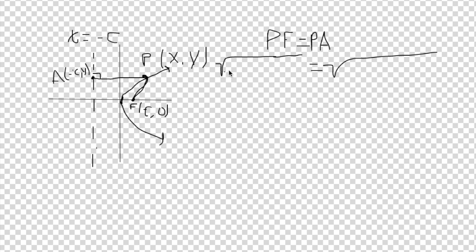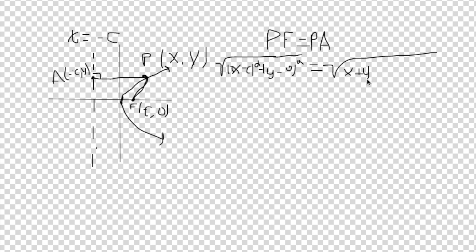Square root. Here we are going to have, for PF, x minus c squared plus y minus 0 squared. And then for PA, x minus negative c is x plus c.